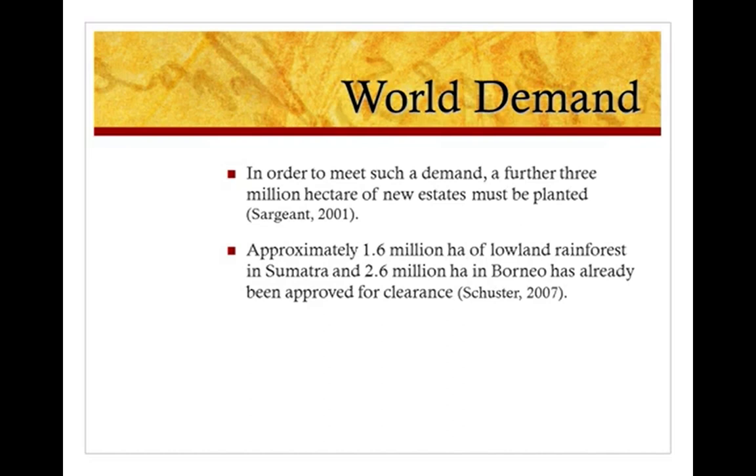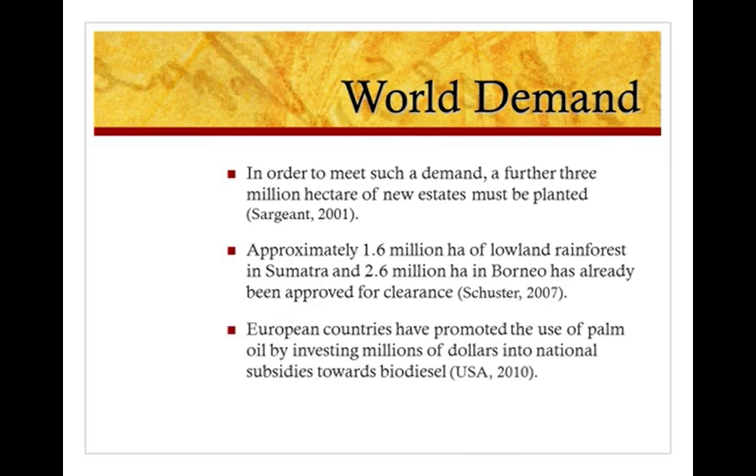A lot of it is very wild. So when Sumatra and Borneo decided that they were going to start clearing land to grow more palm oil, that really raised a lot of red flags. And that's why organizations such as Palm Oil Action are getting involved in this fight against expansion of palm oil. We'll talk more about that.